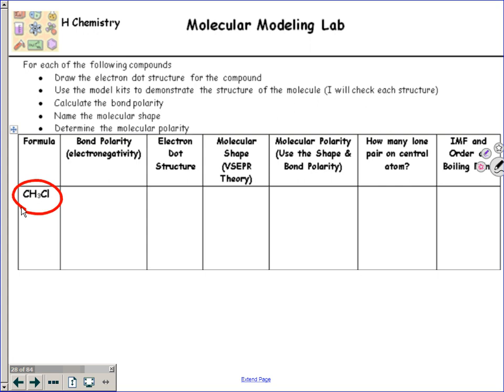Pass these back, extras leave them back. What are we trying to draw with? Electron dot structure.